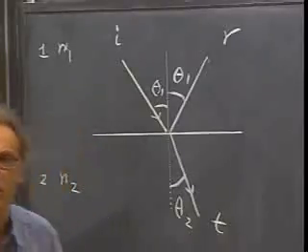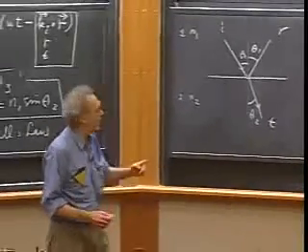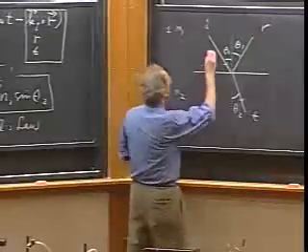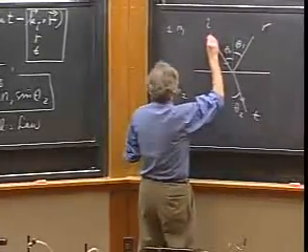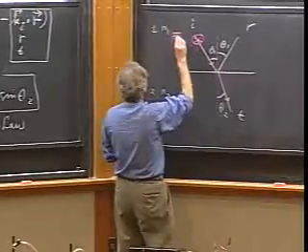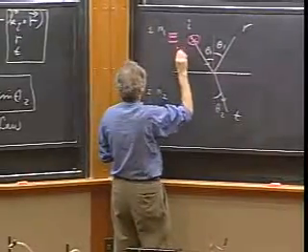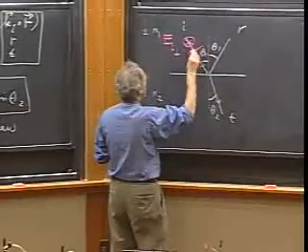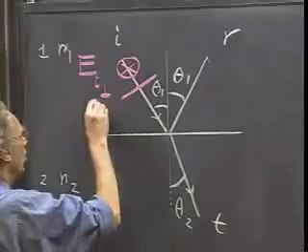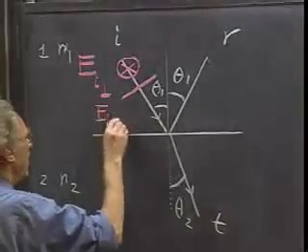I can always decompose any electromagnetic wave that comes into this direction in 2 components. One component is perpendicular to the blackboard, which we will give the symbol EI perpendicular, and one component in the blackboard, which we will call E of I parallel.